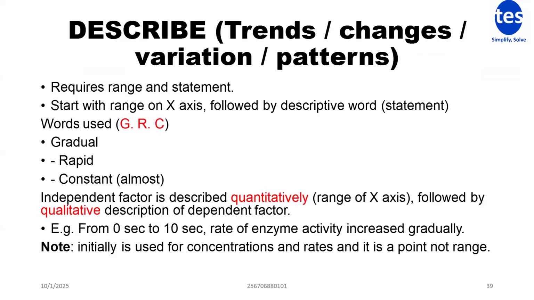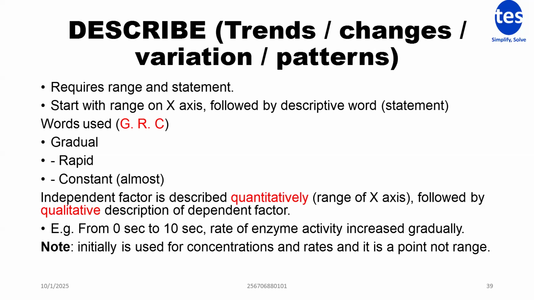When we are describing trends, we simply start with the range on the x-axis, followed by descriptive words or statements. For example, from 0 seconds to 10 seconds, the rate of enzyme activity increases gradually.